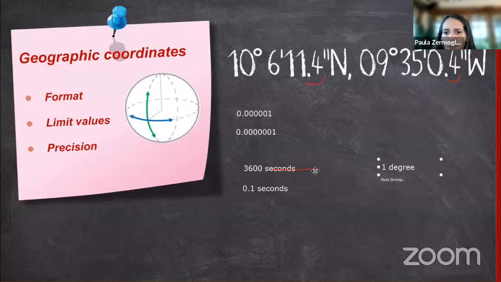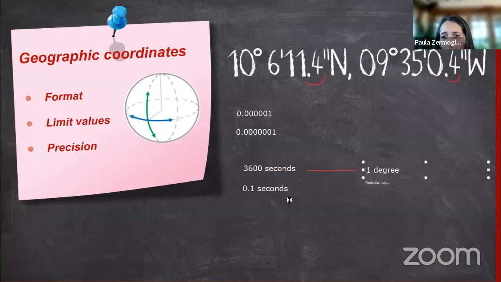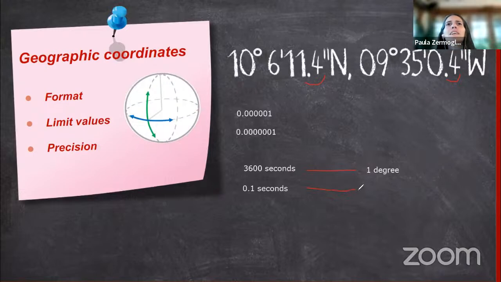Are we in agreement? And so what we have to do is calculate how many degrees are 0.1 seconds. So if you remember from school, I don't know how to say this in English. How do you say regla de tres simple in English?